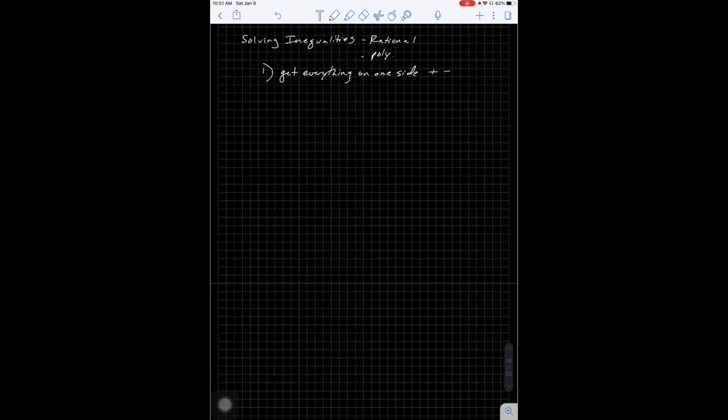So we're going to get everything on one side. So we're going to set it equal to 0. And then we are going to combine all fractions and or simplify. Then we're going to graph it.